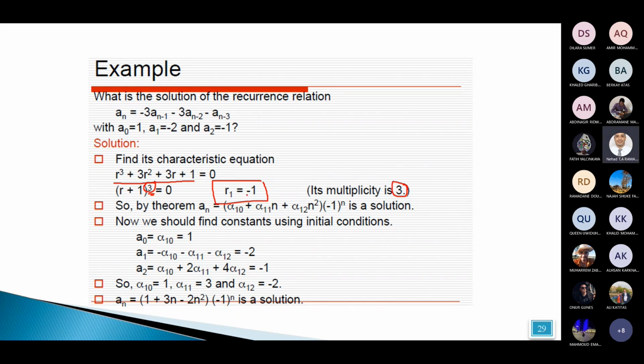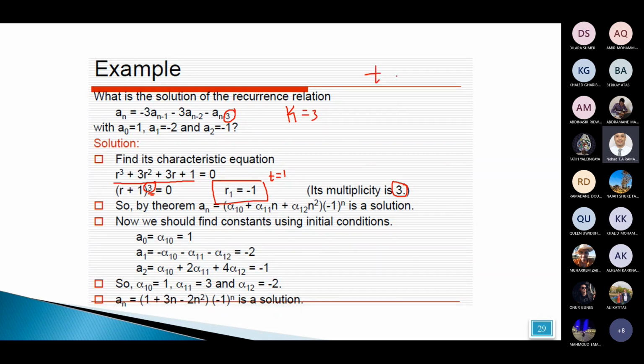What do you mean by this? If you look at the polynomial in this example, it's degree 3, so k equals 3. And the terms of the characteristic equation, only 1. So t equals 1 and k equals 3.